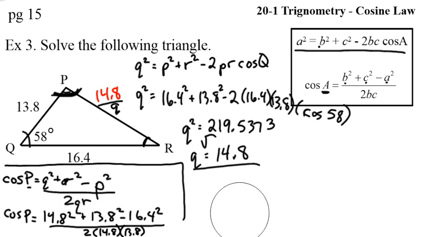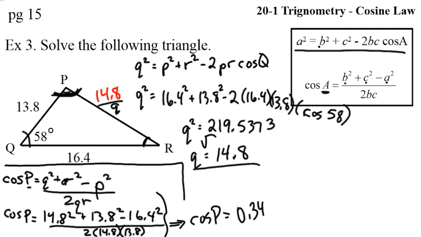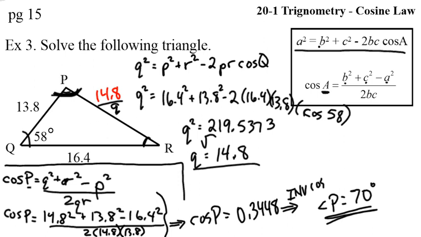Effectively use your calculator, and if you do, all of this right side fraction should work out to be 0.3448, and then we inverse cosine to get angle P equal to, it says to the nearest tenth. I'm going to go nearest whole degree because that's usually what angles are. You should have a 70-degree angle.